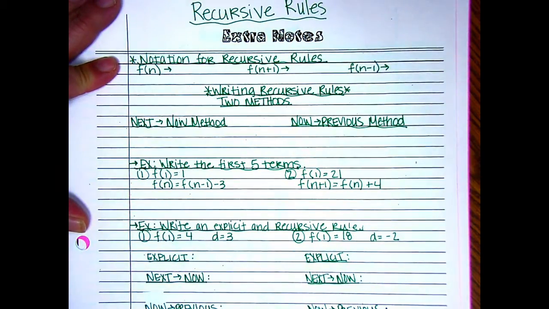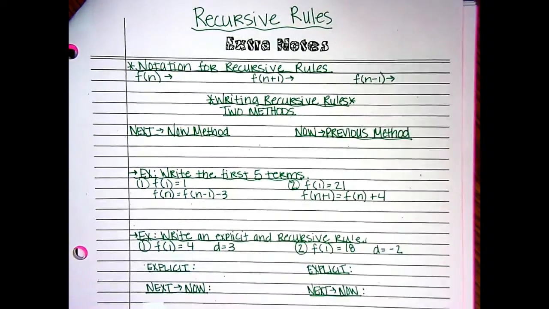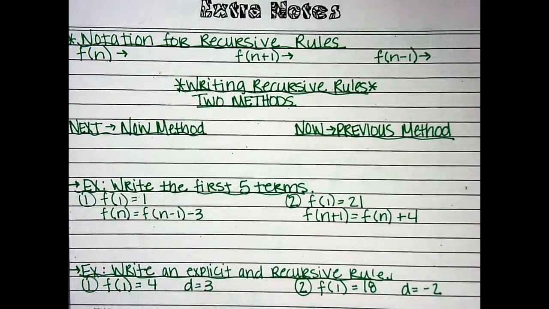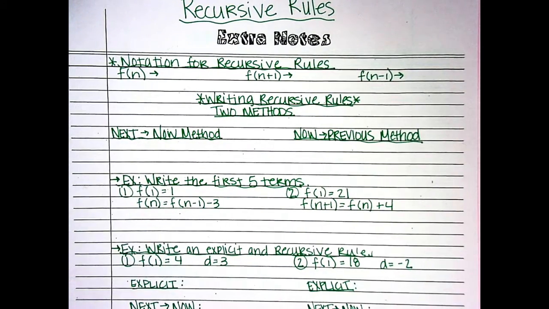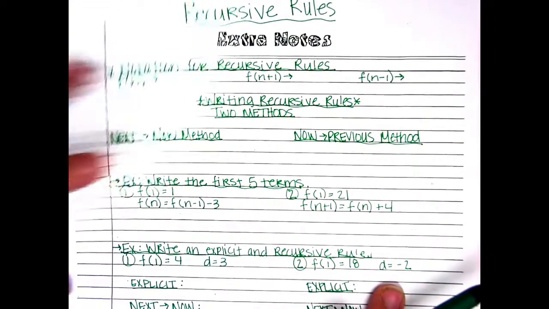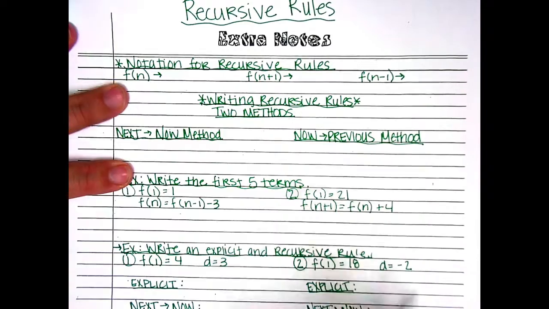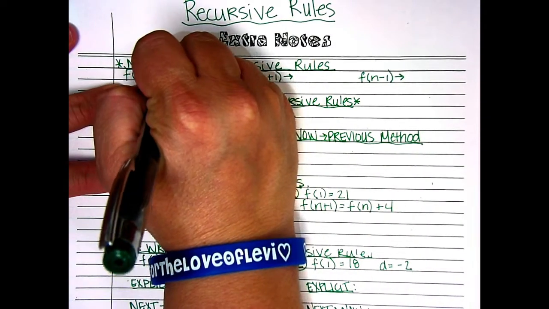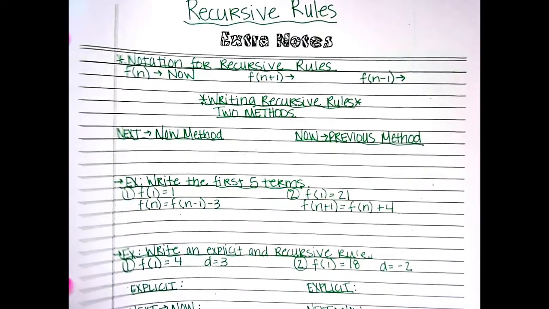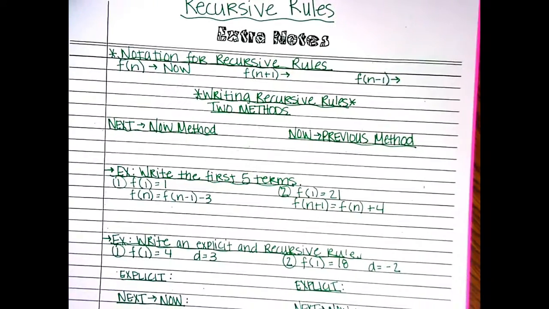Alright, when we were on 4-1, we talked about 3 different notations, and those are the notations we're going to use for recursive rules. We talked about f of n, which means now. That's the term that we're on currently.